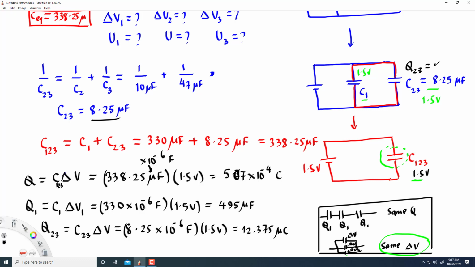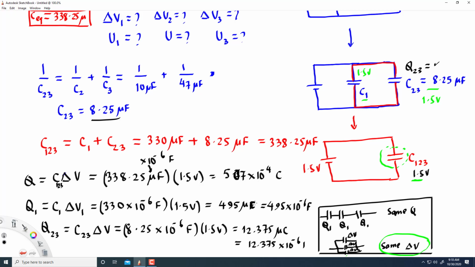Actually, you don't need to convert this to farad. You can just leave it as micro because I'm using microfarad here. But if you want to express this in terms of 10 to negative 6, you can do that. You can express this as 495 times 10 to negative 6 coulomb, or you can write this as 12.375 times 10 to negative 6 coulomb.